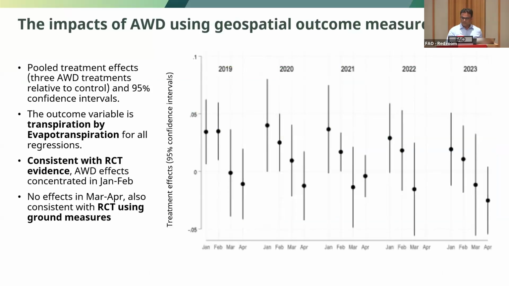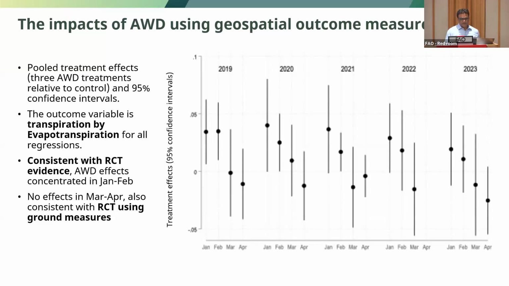What we did, we pooled data, meaning the data we extracted for all 19,000 plots. We pooled the treatment effect across all AWD interventions and followed outcomes through time. What we find is that improvements in irrigation efficiency do not disappear immediately after implementation. Instead, the positive impact remains visible across multiple growing seasons.